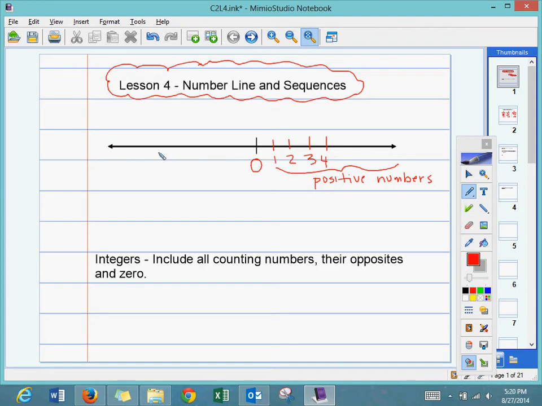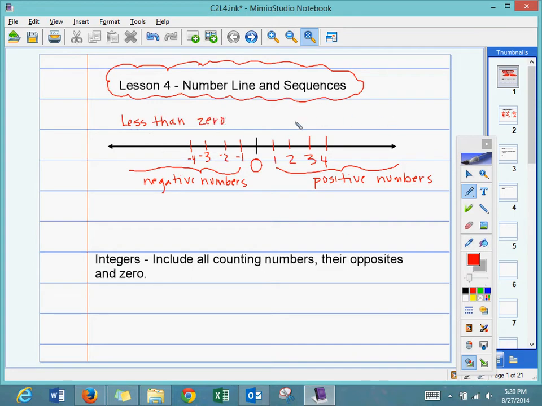Okay, and then on the left side, we do the same thing, but we're going to put negative numbers. So we have -1, -2, -3, and -4. And again, I'm going to label this as negative numbers. Remember that on the left side, those would be values that are less than 0.